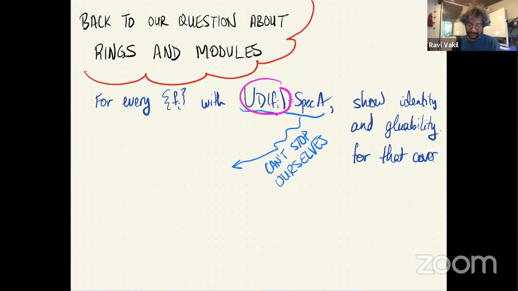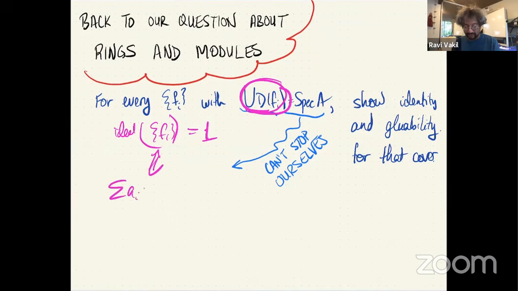And now the thing that I hope you cannot stop yourself from doing, whenever you see this statement of a bunch of distinguished open sets covering everything, you should immediately say that that's the same as the ideal generated by these things being the unit ideal. And then whenever you see that, you should immediately say that this means that there's some combination of these things which is one.